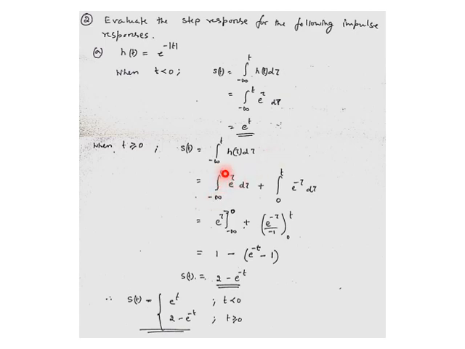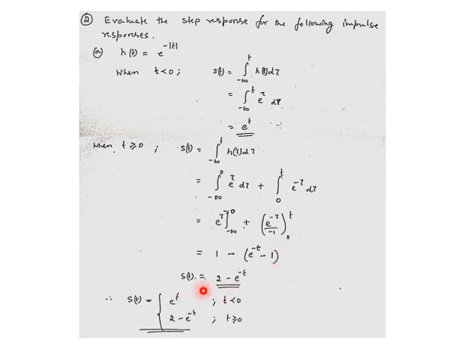But for minus infinity to 0, we are going to have e to the power tau d tau, plus for the upper part 0 to t, we will have e to the power minus tau d tau. The first section we already calculated, but the limits are now minus infinity to 0. For the second part, we will have e to the power minus tau by minus 1 with the limits 0 to t. Apply the limits.